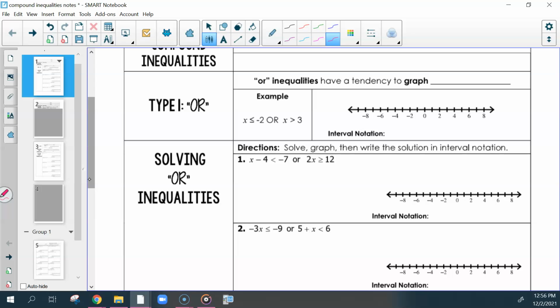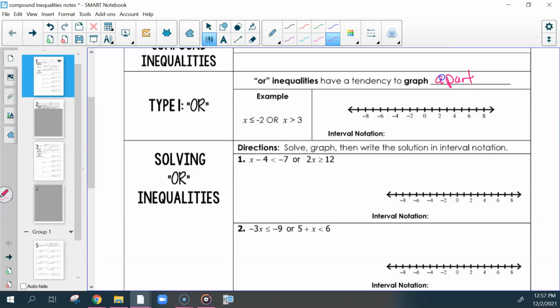Let's refocus. Or inequalities have a tendency to graph apart. You'll see what I mean here in a second.